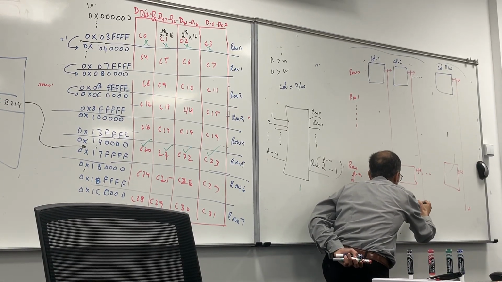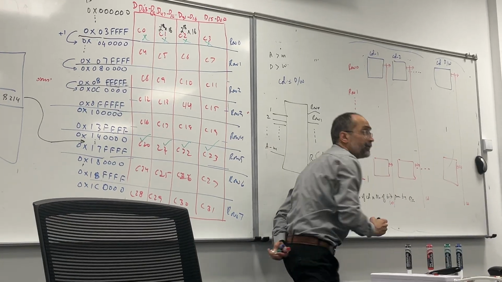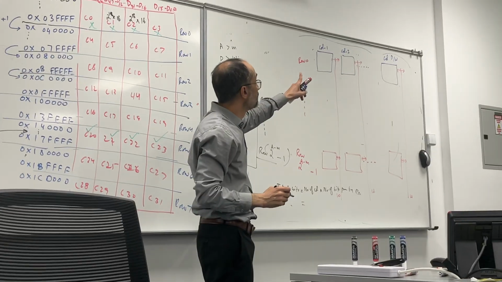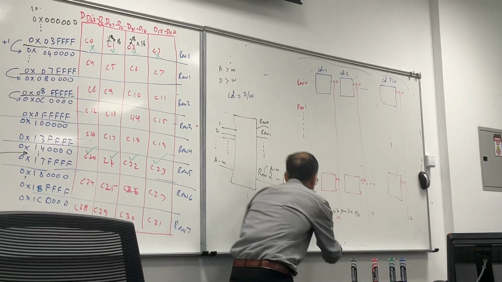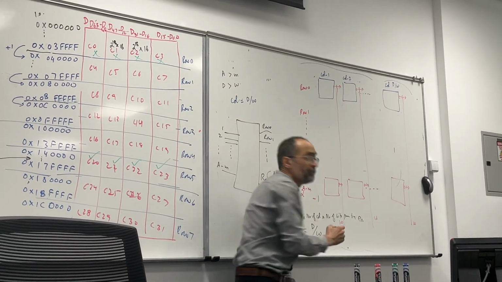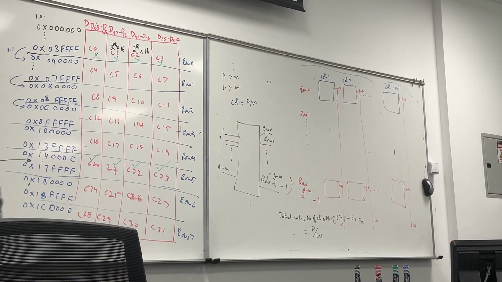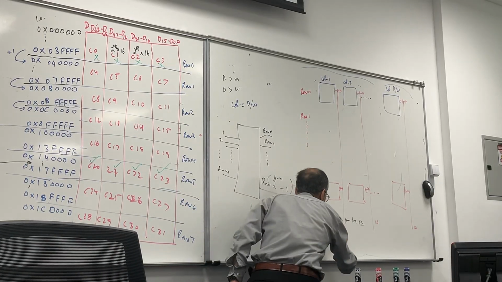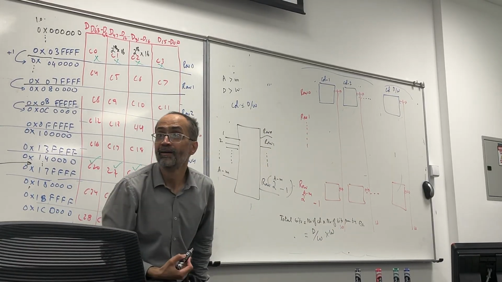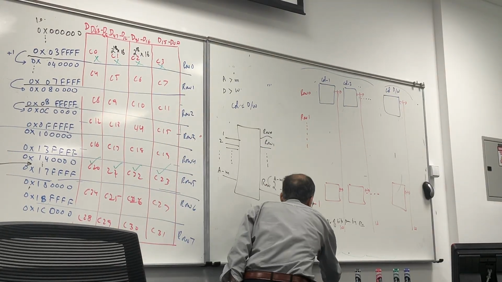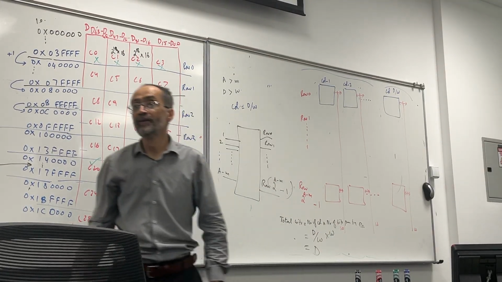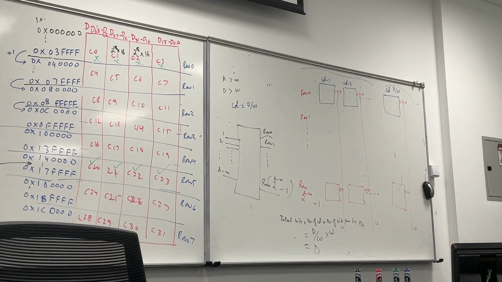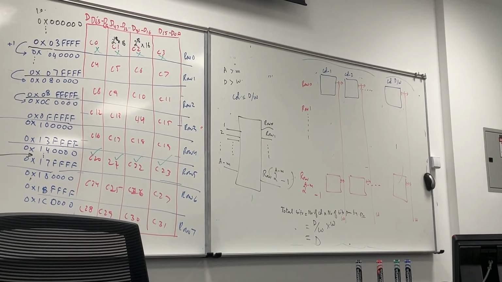What is the number of columns? D divided by W. And how many bits are provided by each column? W. If we multiply D divided by W with W, it will cancel out. And then how many bits will be provided to the microprocessor? D. You got it? Any question?